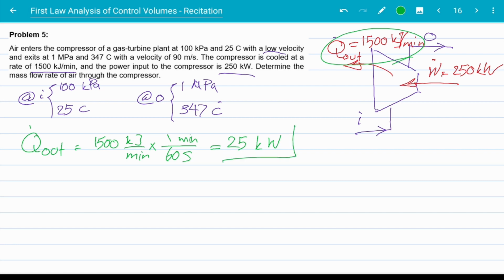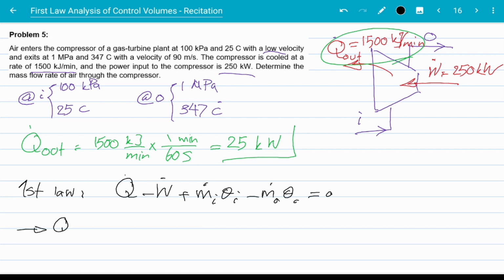Now this is a unit that I can work with. So the first law states that Q dot net minus W dot net plus everything that the flow brings in minus everything that the flow takes out is 0.